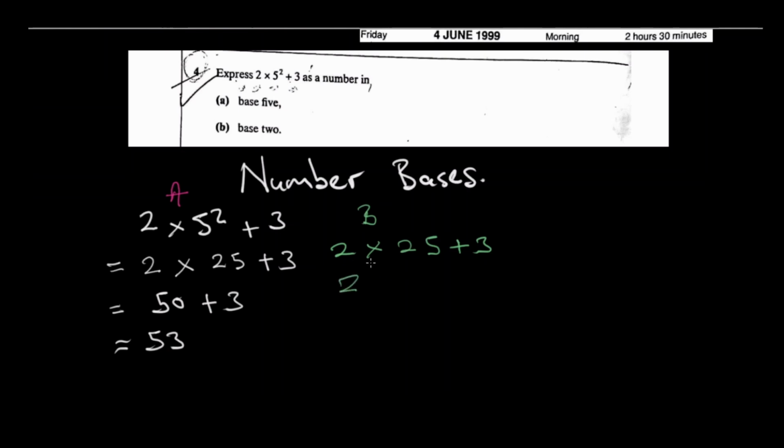So this becomes 2 times 28. And what is 28 multiplied by 2? 2 times 8 is 16, carry 1, 2 times 2 is 4 plus 1. So student B gets 58.